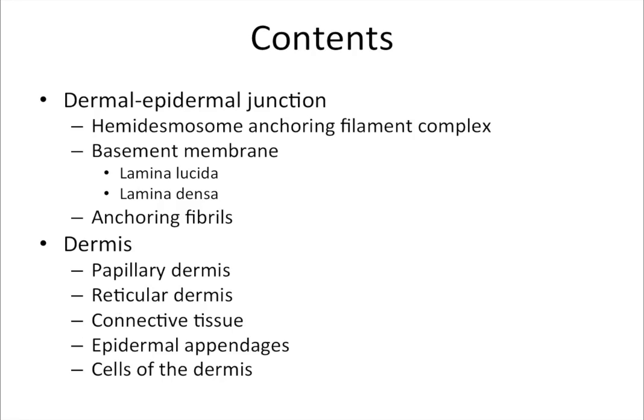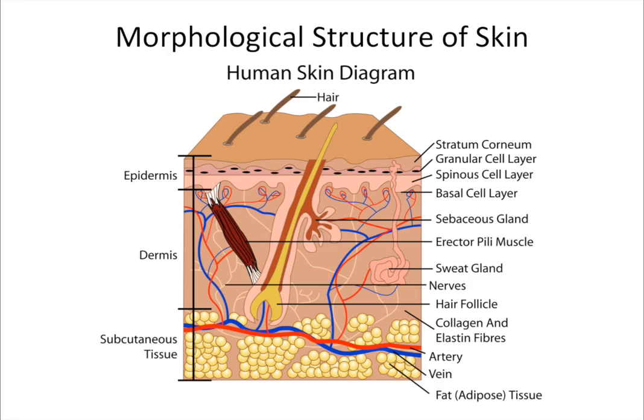We'll also talk about connective tissue and epidermal appendages, which are, as you remember, the pilosebaceous unit, the nail unit, the sudoriferous glands, and things of that nature. We also will discuss the cells of the dermis, primarily in their context to both the fabrication of collagen and elastin and its destruction, but also for the immune cells that are present in the dermis.